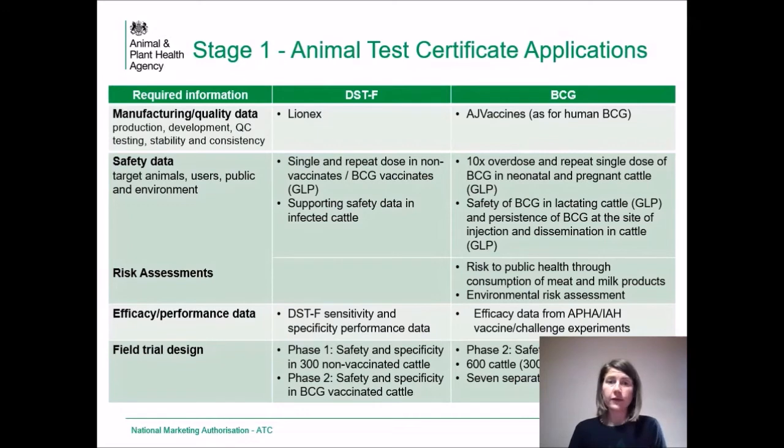This is required because BCG is a live attenuated vaccine. We also provided data on efficacy and performance of DSTF and BCG, and the planned design of the field trials had to be submitted.